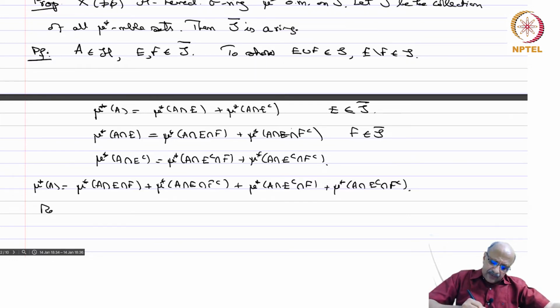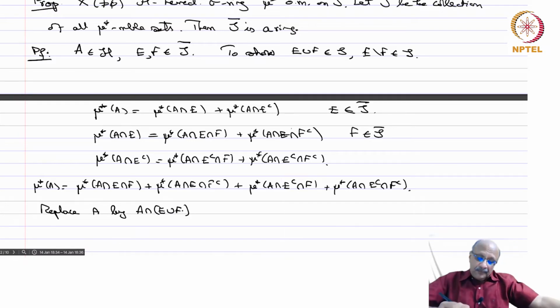Now replace A by A intersection E union F. Then if you substitute A intersection E union F in these, now E intersection F is a subset of E union F, so when you take the intersection you will just get back.